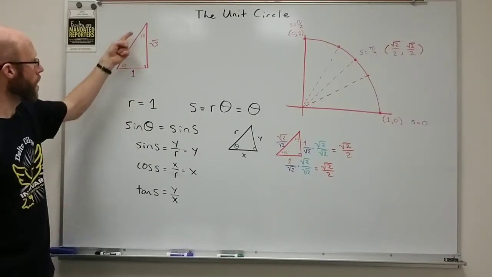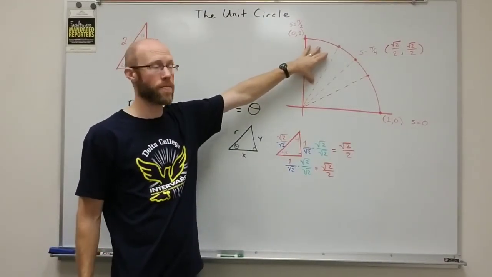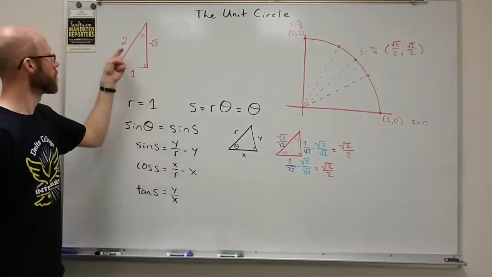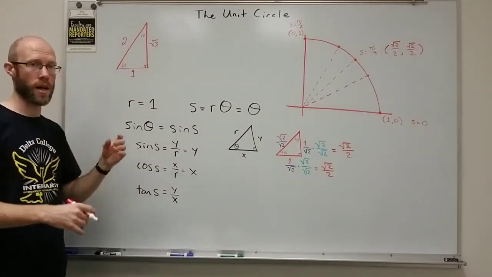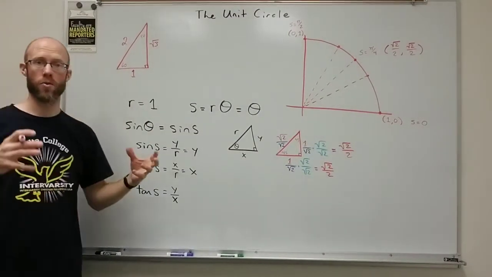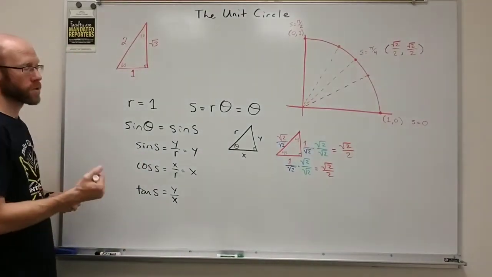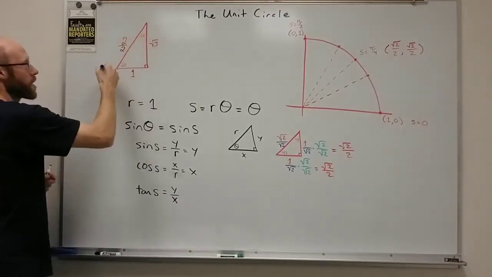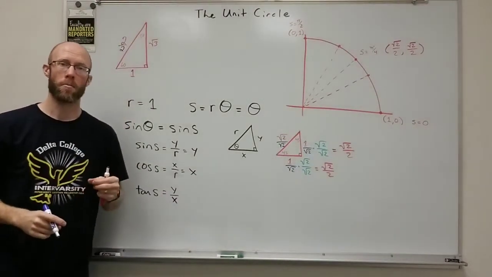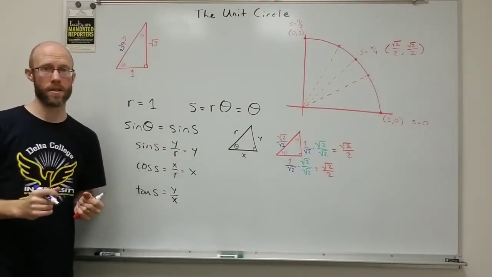So we know the hypotenuse is not 2 on this circle, it's actually 1, right? So I need to divide this down so that it's a length of 1. Shrink the triangle to a similar triangle, I should say. And so to do that, we're going to divide by itself, right? 2 divided by 2 will make a hypotenuse of 1. But again, if I shrink one side down, I've got to shrink all of them down by the same factor.